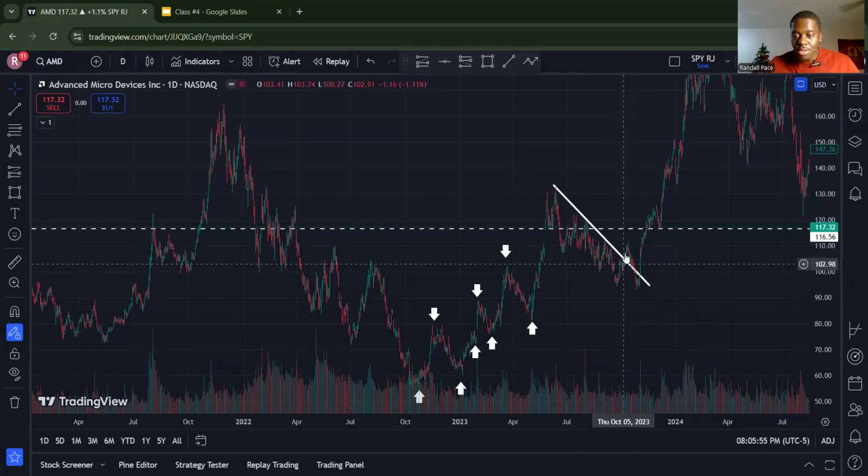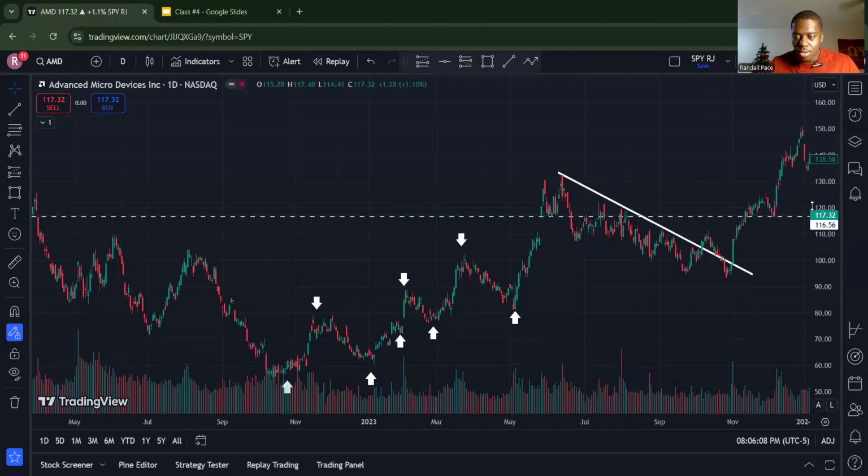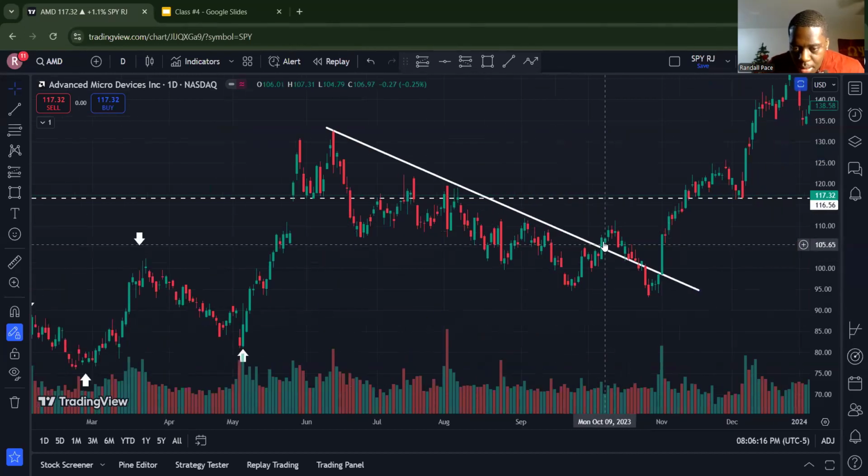If you were to look to get in here when it broke this trend line, that's typically what you look to do. What do you guys think your stop would be? This is a tricky one. What do you think your stop would be if you were to enter here on this breakout? It broke the trend line here. Where could your stop be?